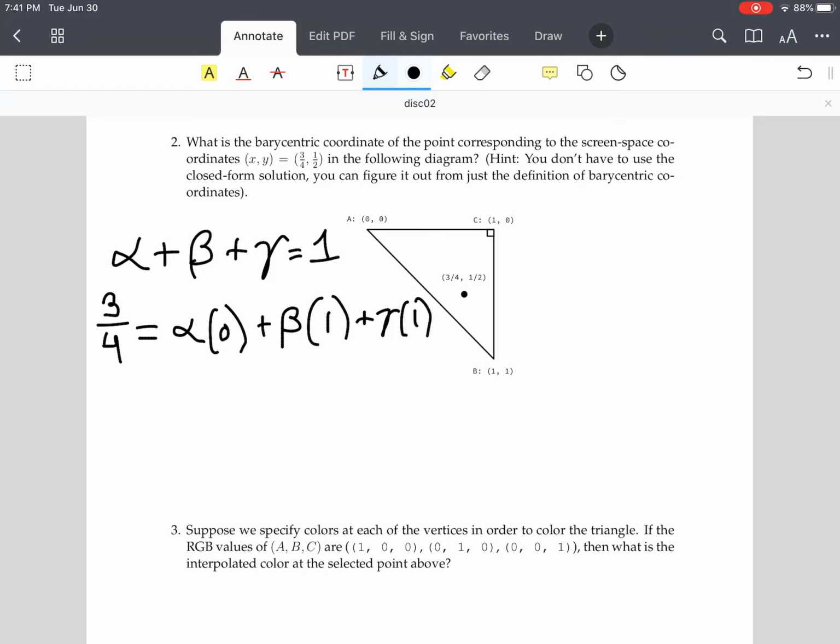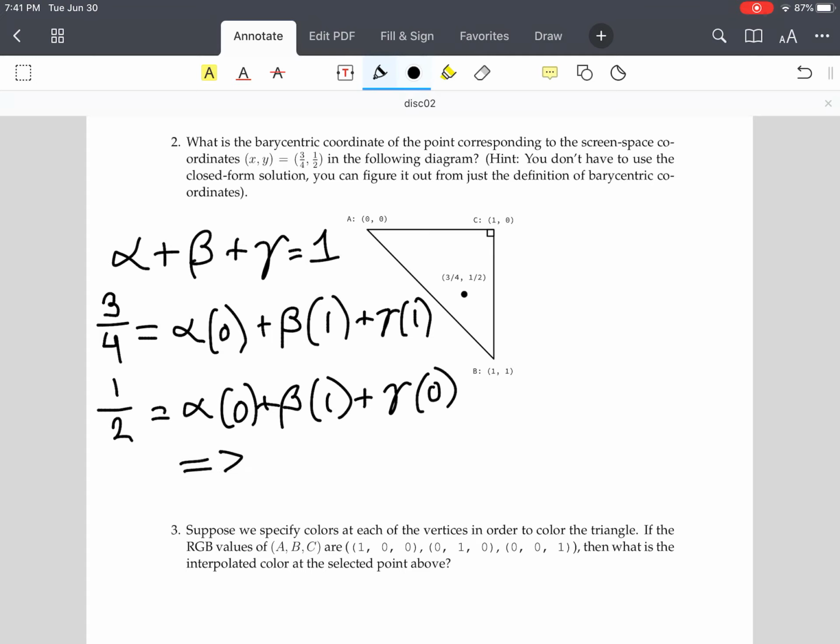Okay? And now we can write one more equation, this time for y. So 1/2 is equal to alpha times 0, plus beta times 1, plus gamma times 0. Okay? So right off the bat, with this last equation, we can tell beta is equal to 1/2, right?